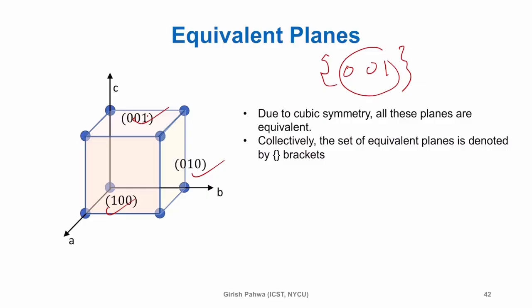Got it? Which are the other sets of planes equivalent to 0, 0, 1? 1, 0, 0, 0, 1, 0. So collectively it represents all of them if I put a curly bracket. So that's the nomenclature. Whichever way you like, you can write it.